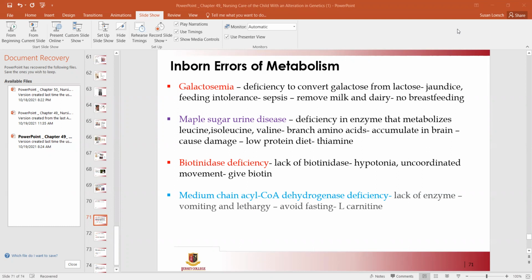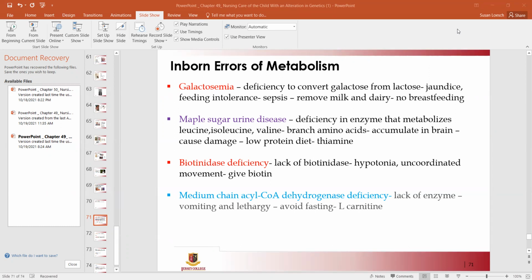There are no symptoms at birth, and if undiagnosed, the newborn will have jaundice, feeding intolerance, diarrhea, vomiting, and no weight gain. Then they'll start to develop symptoms of sepsis, and cataracts are also often seen. If left untreated, it can lead to liver disease, blindness, severe intellectual disabilities, and death.